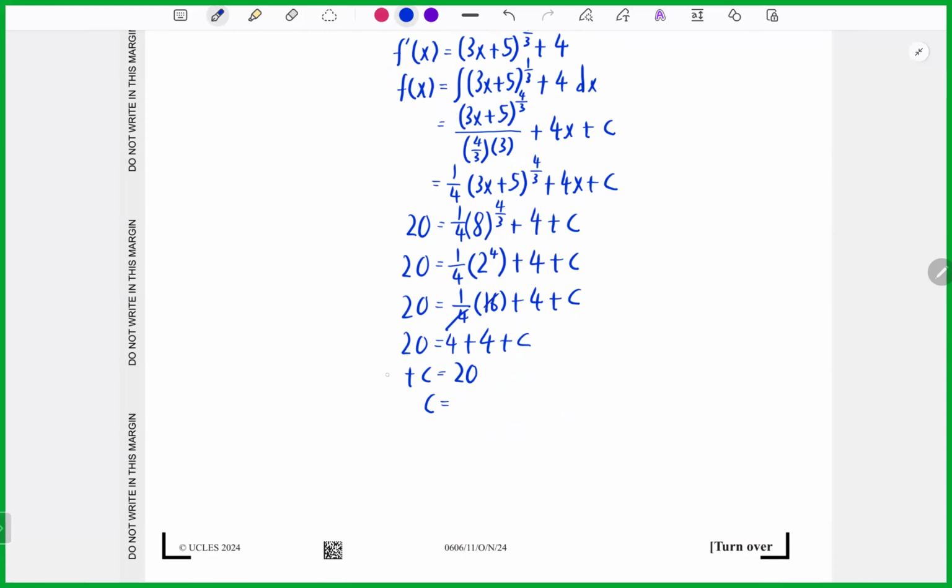So here you will get 8. 20 minus 8, you will get 12. So for your answer, f(x) will equal 1 over 4 (3x + 5)^(4/3) plus 4x plus 12. I hope you can understand this part.